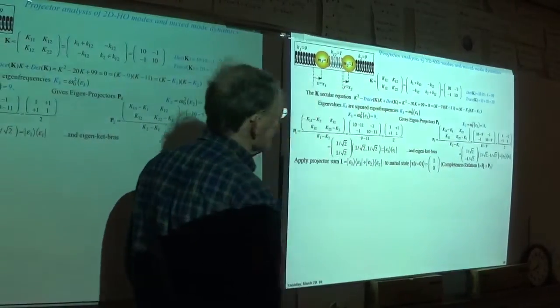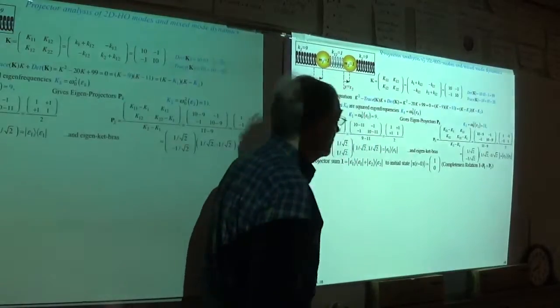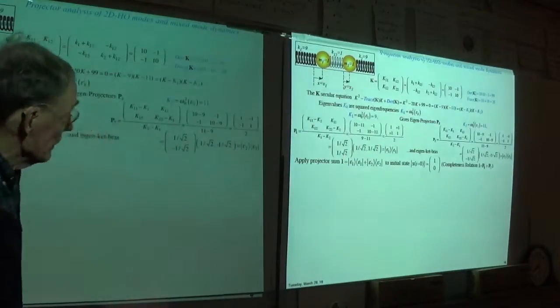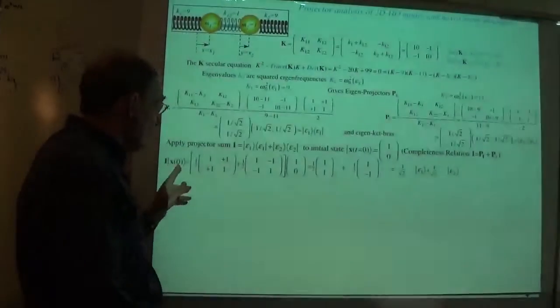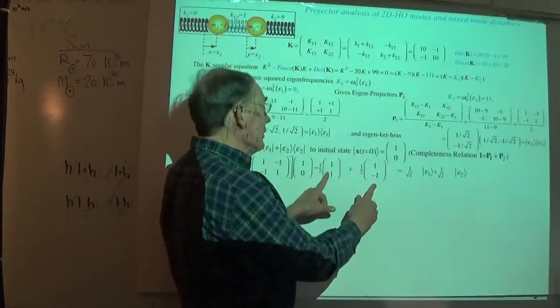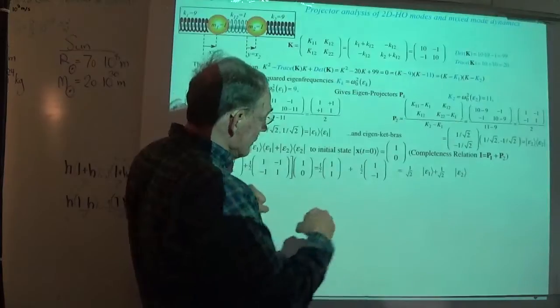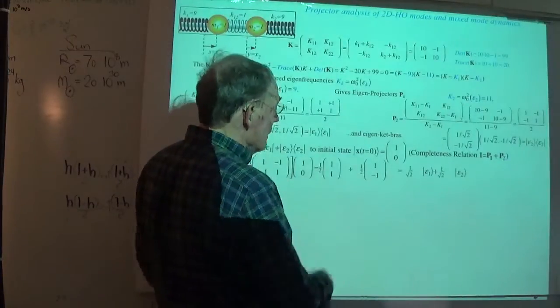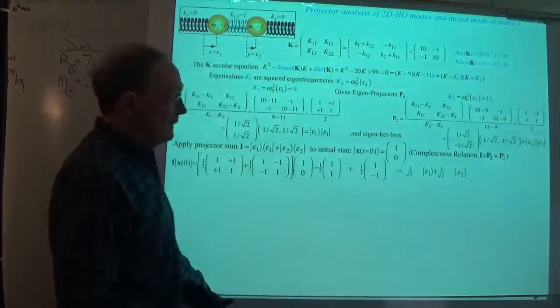Well, what's the initial state that we like to work with? Namely 1, 0. Okay? So that's what is going to happen here. And when I do that, I set it up so that I immediately get a linear combination, in this case half and half, of the two eigenstates, the symmetric eigenstate where they're going together, and the antisymmetric one where they're at loggerheads, so to speak.